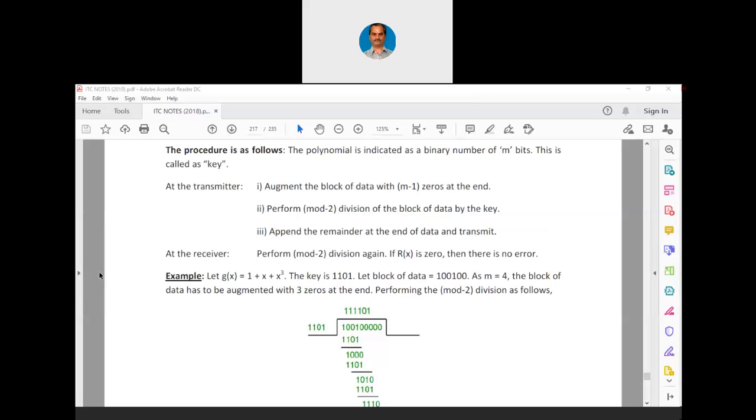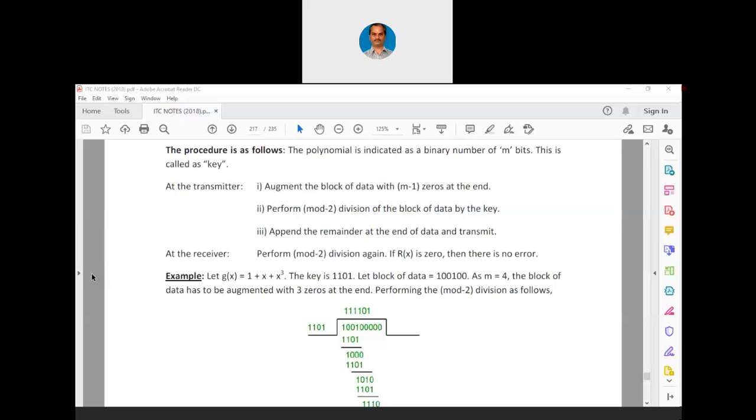Only when there is a non-zero remainder will the receiver ask the transmitter to send the previous data once again. That is the only delay that happens between transmitter and receiver. Otherwise, the transmitter keeps on sending the data and the receiver keeps on receiving the data. This is a useful application whenever we have a low chance of error in data transmission.